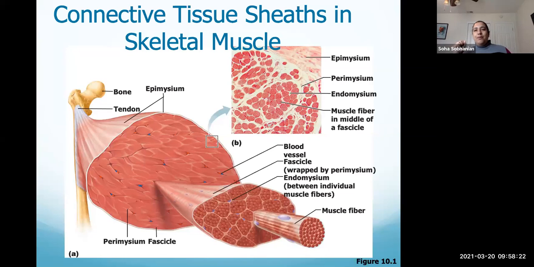What's the connective tissue wrapping around your whole muscle? Epimysium, correct. What if I ask, what is your whole muscle made up of?